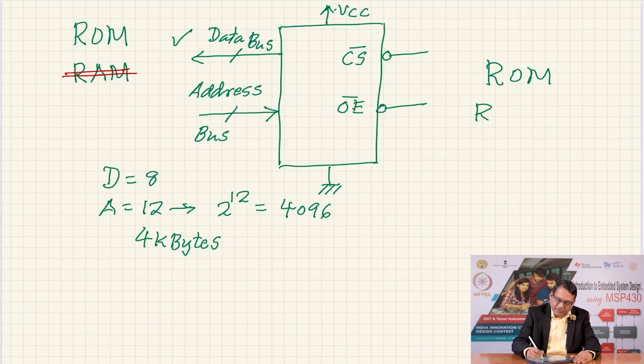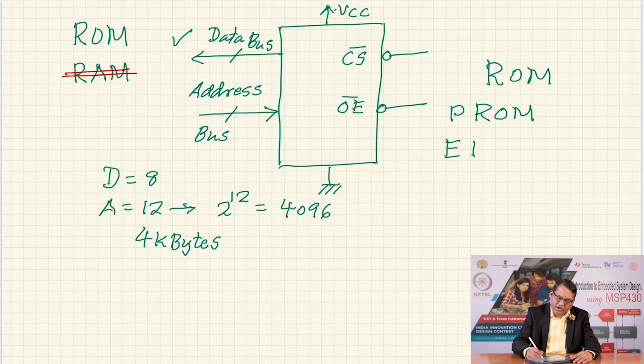Then there is a type of device called PROM, meaning programmable read-only memory. You get a blank chip and using a special programmer you load your required contents into this device, but thereafter you cannot reuse it. If you want reuse, then there are a couple of varieties.